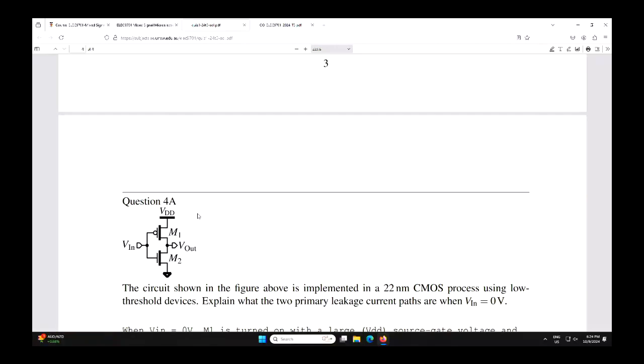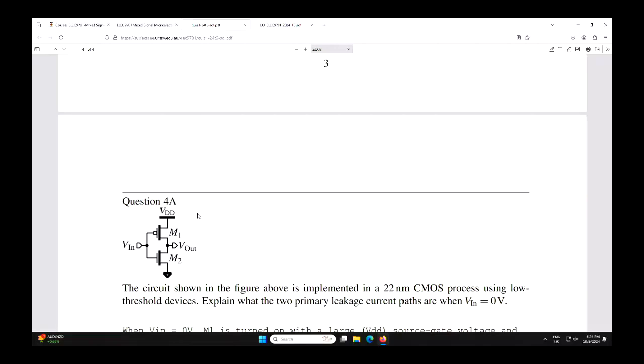This one is going to be off, but only so much off. So there's channel leakage, or drain-source leakage in subthreshold, and this output obviously is going to be tied to VDD, so we're going to have a current path down there. Not that it really matters for this one, I guess.